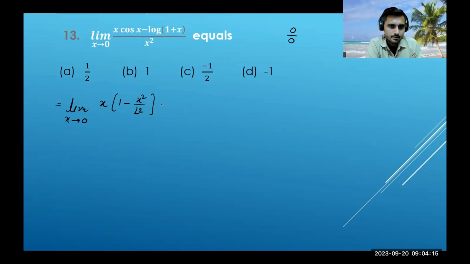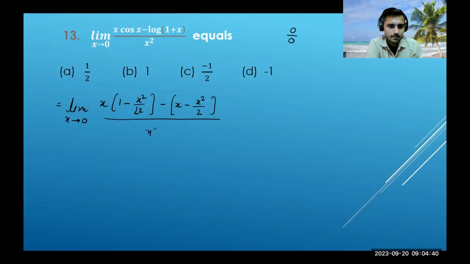So I write here the expansion of log 1 plus x, which is x minus x square upon 2, right? And we'll write just two terms, okay?